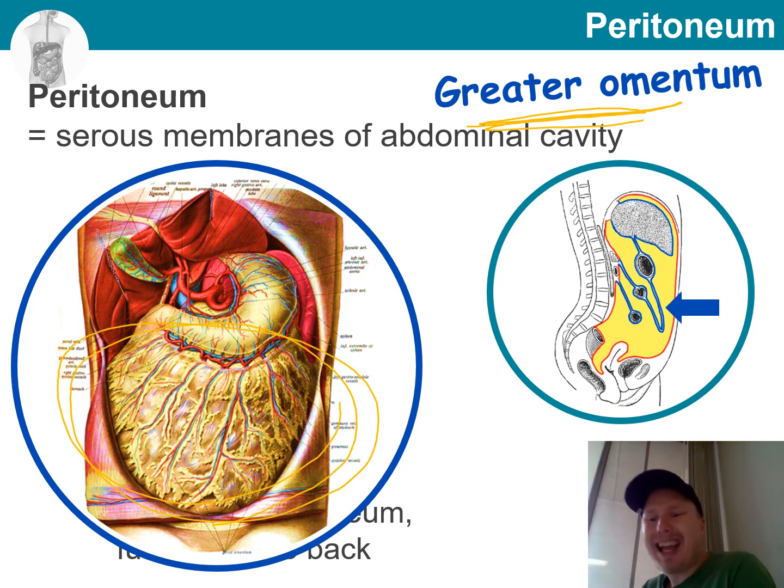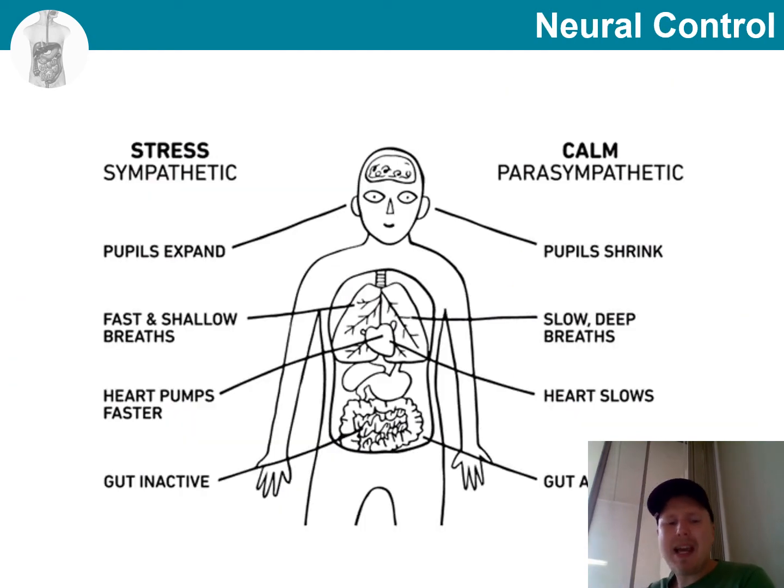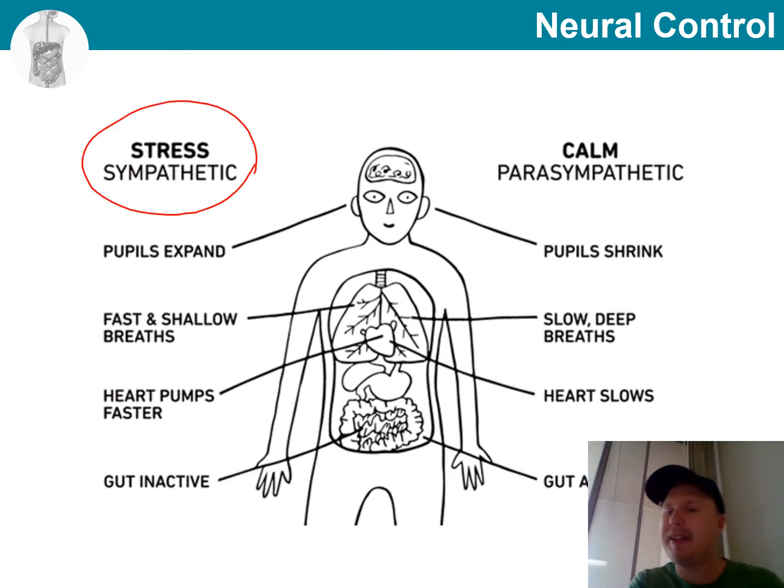Now, let's look at another important aspect. And I want to say a few words about the innervation, and by this I mean the nervous control of the digestive tract. And you might remember the two branches of the autonomic nervous system. Hopefully you will recall that the sympathetic branch was all about fight or flight responses.